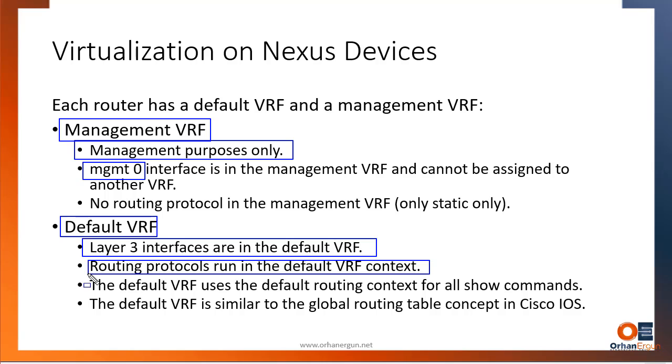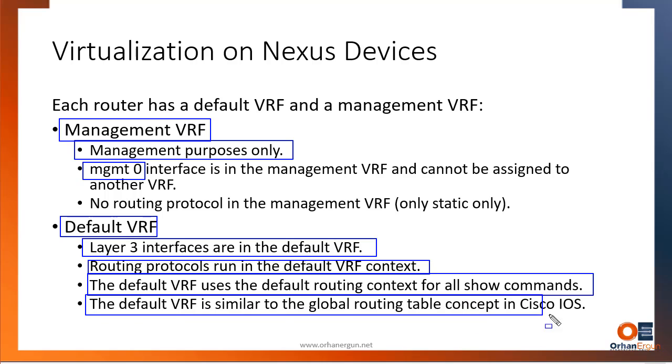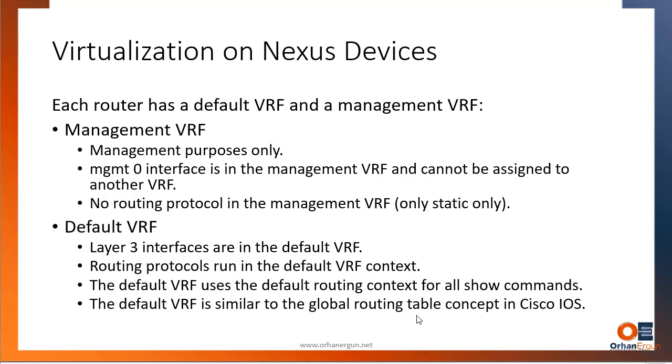And also we have the default VRF that is in default context. So every command that you are going to use here is pretty much similar to what you have in IOS. A little difference, of course, but most of the time we can say that they are almost identical. And the default VRF is similar to the global routing table what we had in IOS, like I said though.